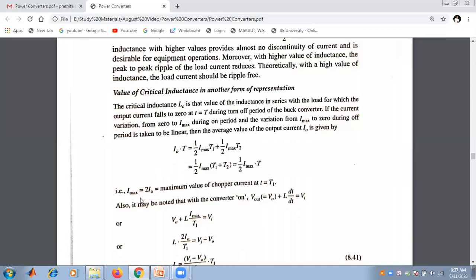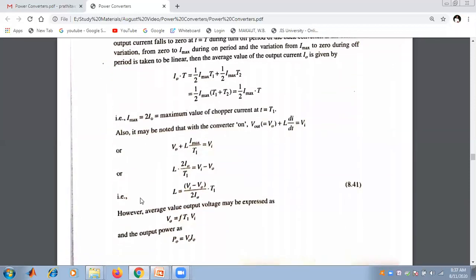So Imax becomes 2I0, that is the maximum value of chopper current at t equal to T1. It may be noted that with the converter on, the output voltage is V0 plus L di/dt, that is equal to Vi. Or we can write V0 plus L Imax by T1 equal to Vi, or putting the value of Imax, L into 2I0 by T1 equal to Vi minus V0.